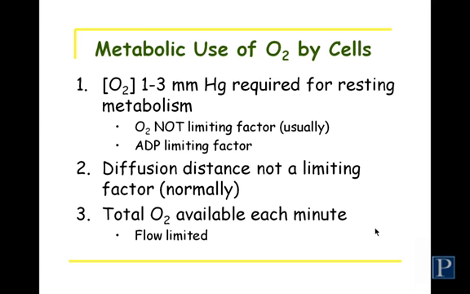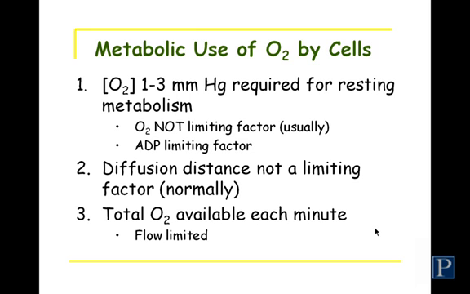Usually what limits or affects things is the concentration of ADP, which you probably learned in biochemistry, looking at how the electron transport chain is regulated. As ADP levels went up, the rate of electron transport increased because you need to make more ATP. In most cases, we deliver enough oxygen to the tissues, so it's not a limiting factor.